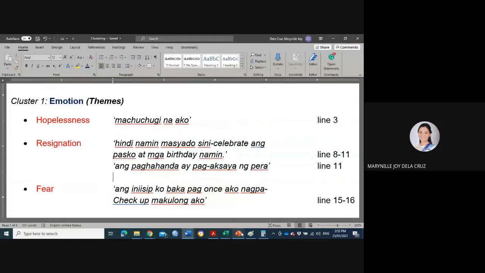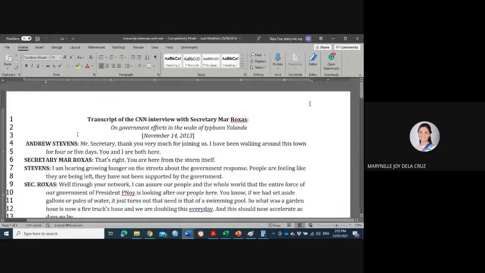All you need to do is to highlight the important idea you found in your lines. For example, ito lang dyan na line ang importante. So, highlight mo lang. So, it is line 7 and 8.